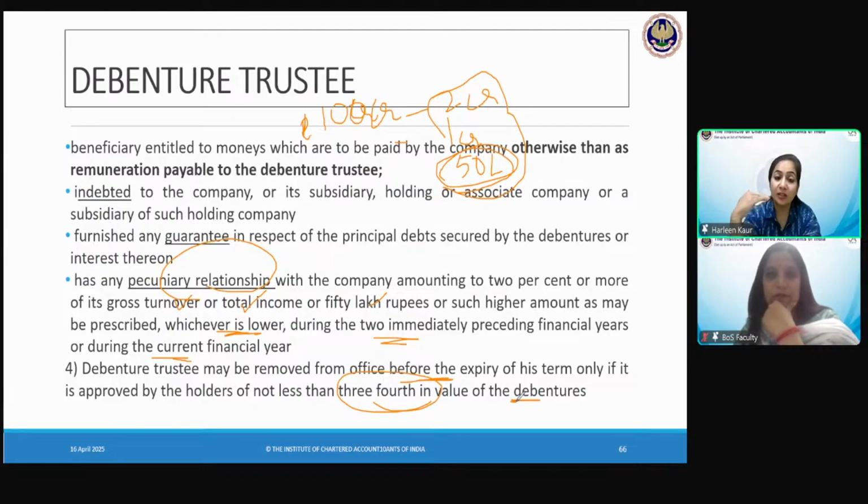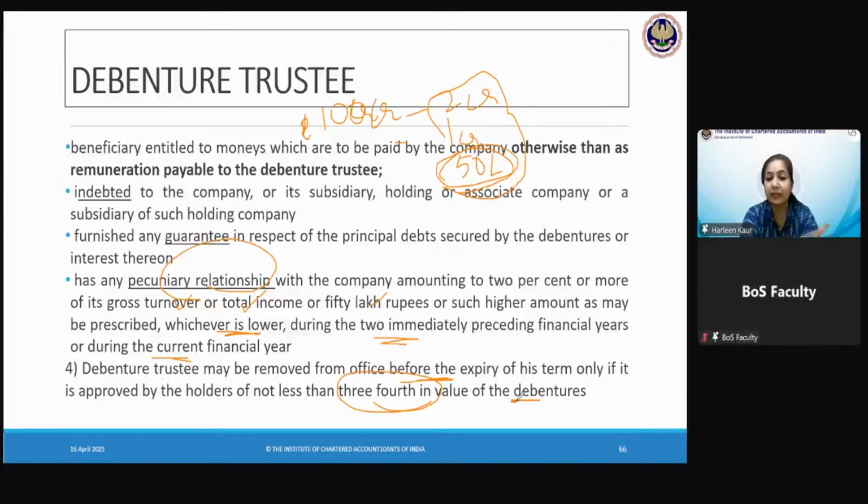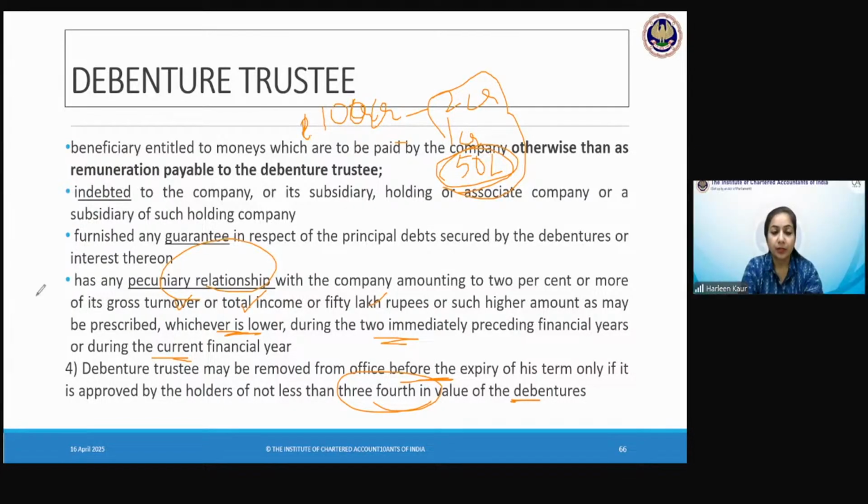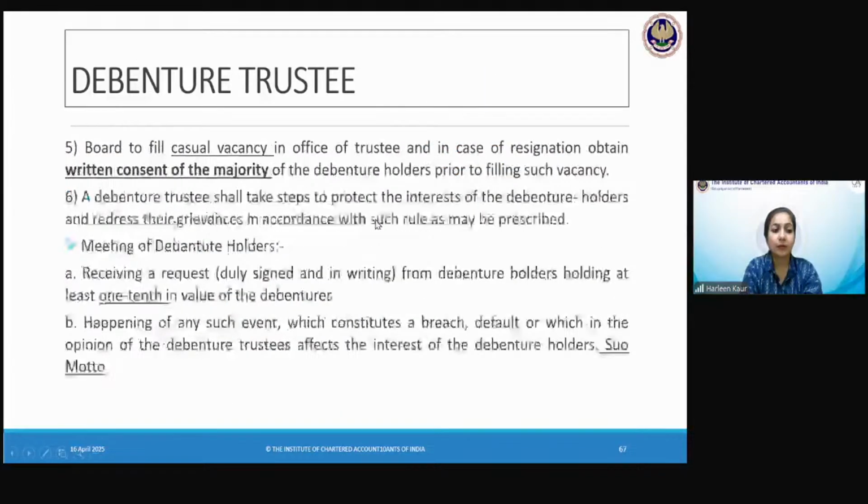So if you see, debenture trustee is somebody who's taking care, who is protecting the interest of debenture holders. So if you're trying to remove him, 3/4 of the value of debenture holders should give their consent that, okay, I'm ready that this debenture trustee can be changed or removed. Is that clear?